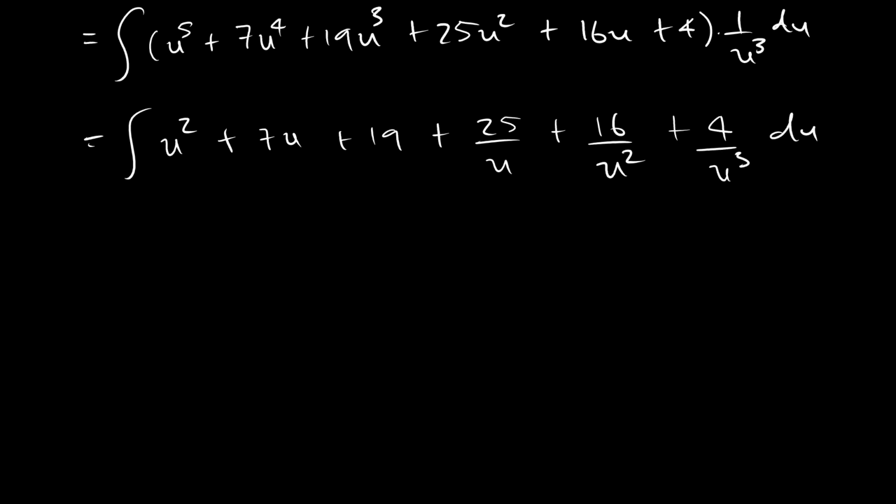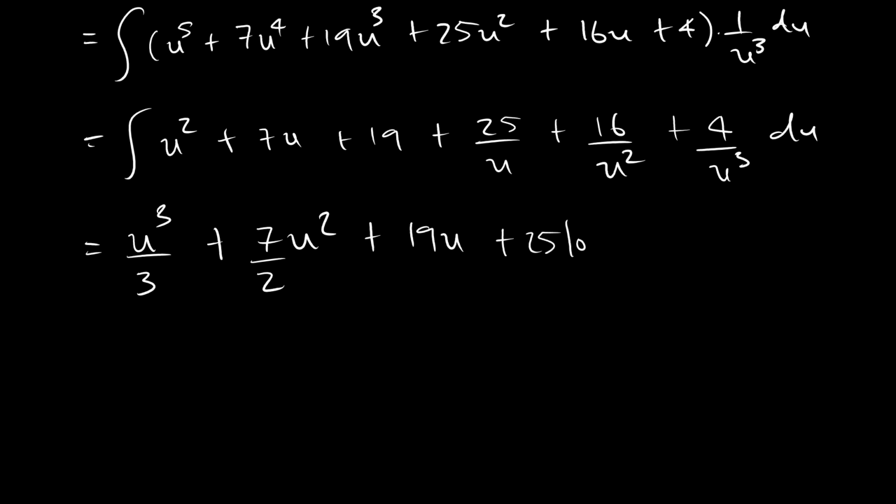There. So integrating item by item, we have u cubed over 3 plus 7u squared over 2 plus 19u plus 25 natural logarithm of u.